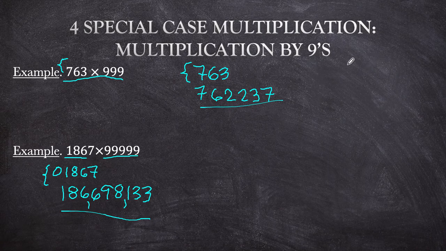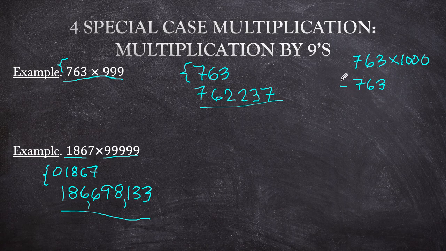So the essence of what we're doing is we take 763, multiply that by 1,000, and then we take away 763 from the product.